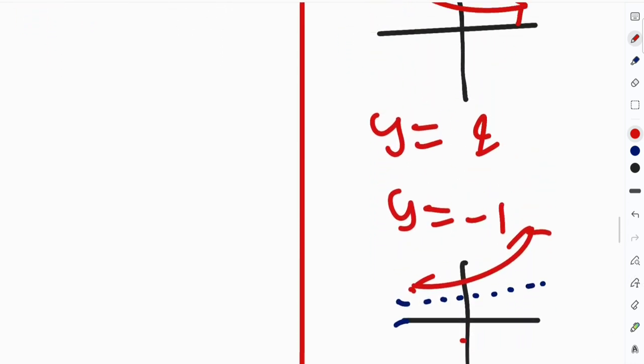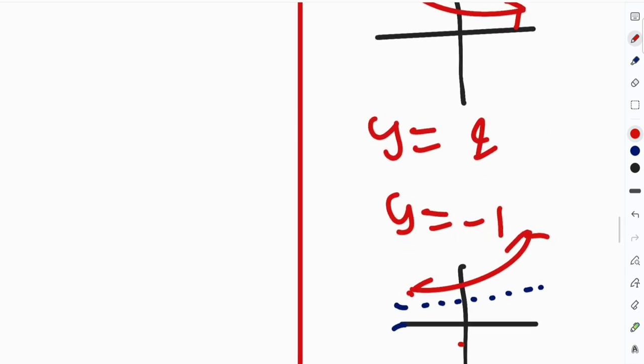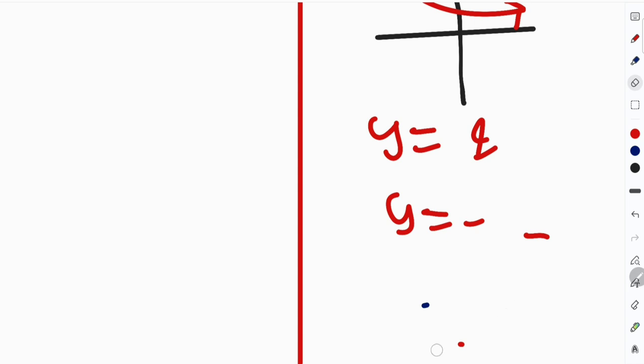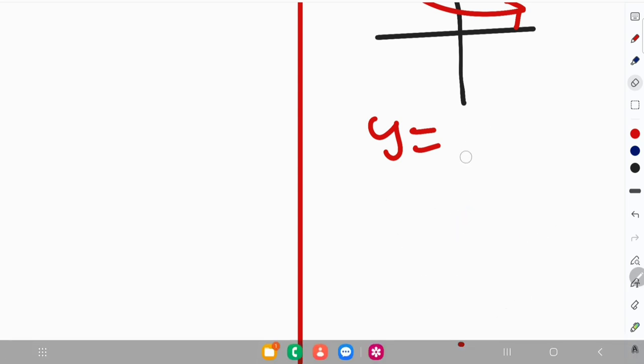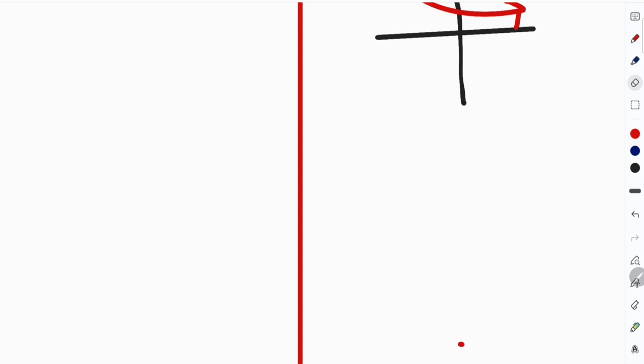Now we have domain and range for the exponential. In terms of domain, it's not limited, because we only mentioned that it has a horizontal asymptote, which means it's not restricted in terms of x.